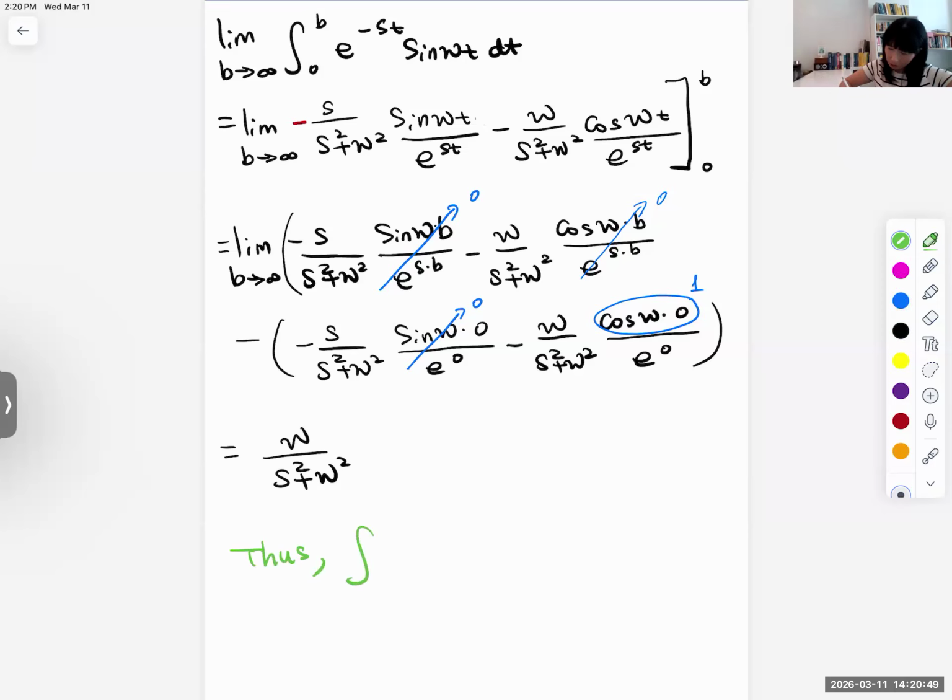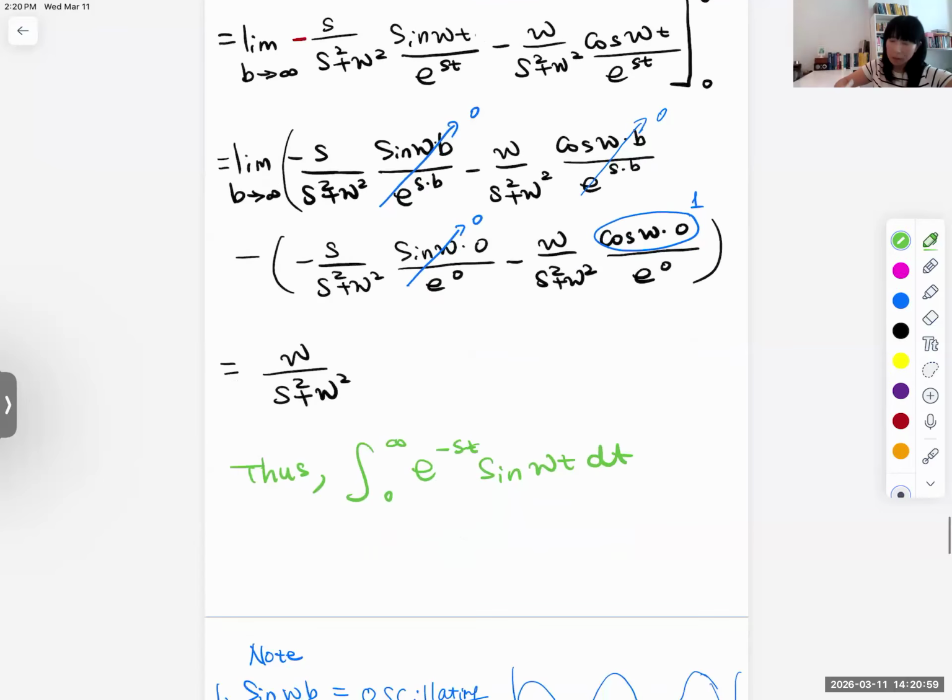Let's conclude: the integral from 0 to positive infinity of e to the negative st sine omega t dt gives the Laplace transform, omega over s squared plus omega squared, right?